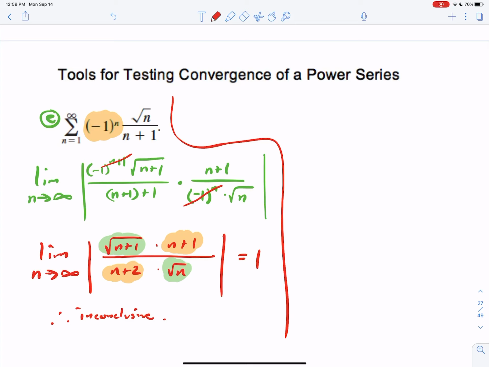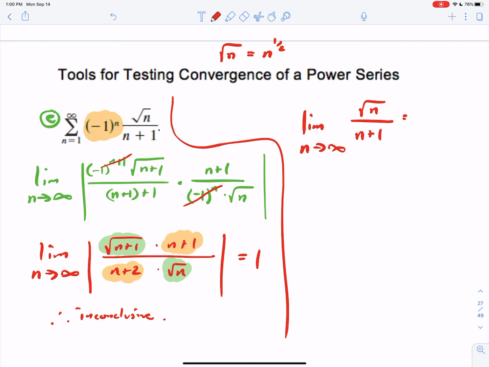If I use the alternating series, I would have to take the limit as n goes to infinity of the piece that doesn't include the alternating part. Okay? When n gets really large here, it's getting larger in the denominator because the denominator has a larger degree. The square root of n has a degree of 1/2, and n plus 1 has a degree of 1.